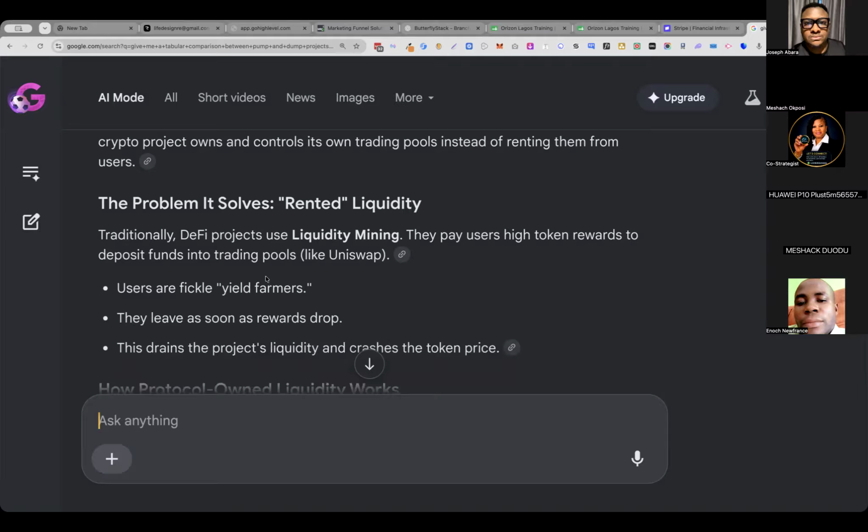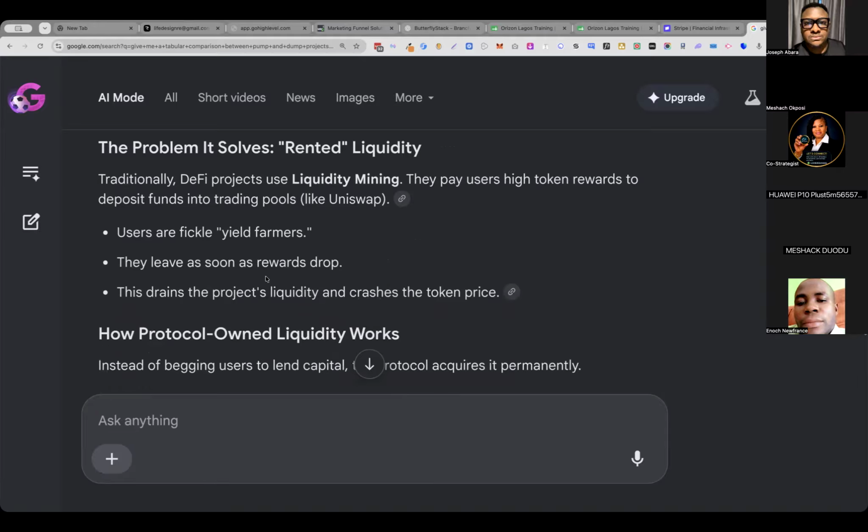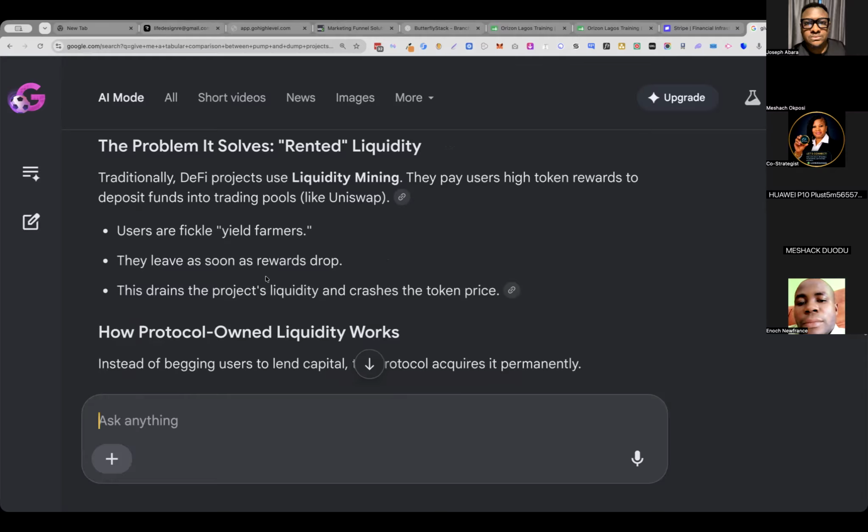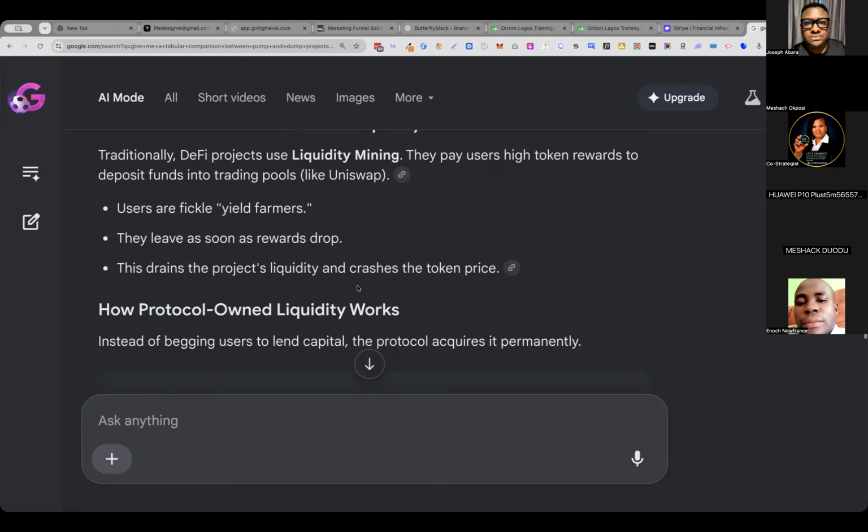They pay users high token rewards to deposit funds in trading pools like Uniswap. So these users are fickle yield farmers. They leave as soon as the rewards drop. This drains the project's liquidity and crashes the token price.